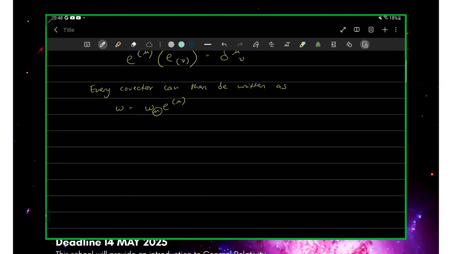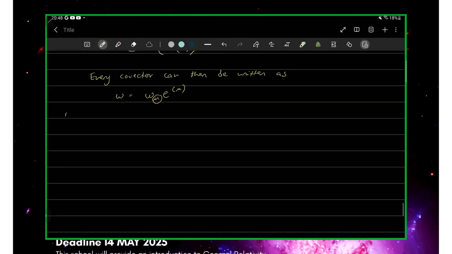And I can explain this further by seeing that the action of a covector on a basis vector will be given as follows. So if I have a covector and I want to act it upon a basis vector, I can expand the covector as such. Let's write it as the following, which acts on the basis vector, right?